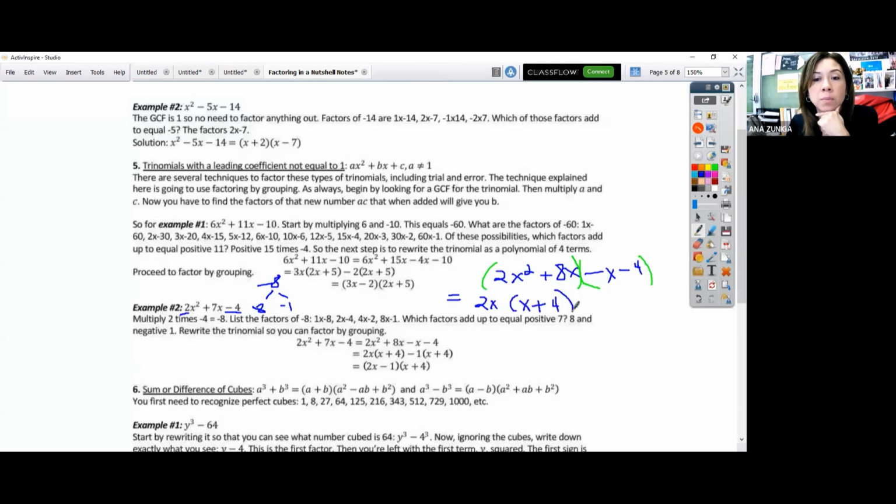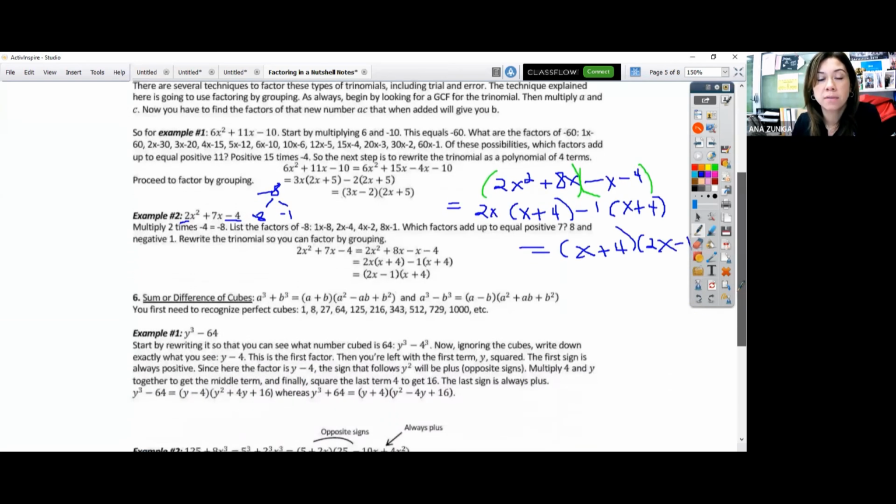From the second group, they're both divisible by -1. I'm left with x plus 4. Remember, -1 goes into -4 4 times. I factor out what they have in common, x plus 4, and I'm left with 2x minus 1. Voila, that's it. Okay, so the more you practice this, the better you're going to get at it for sure.